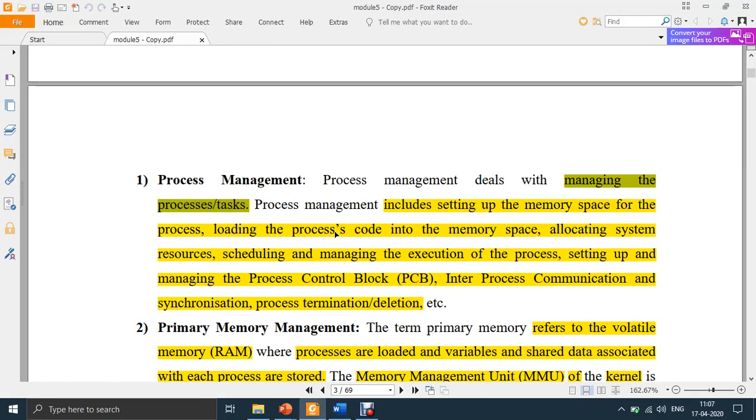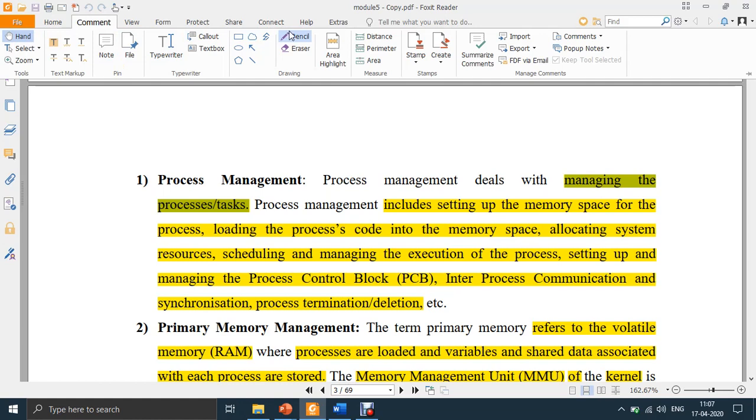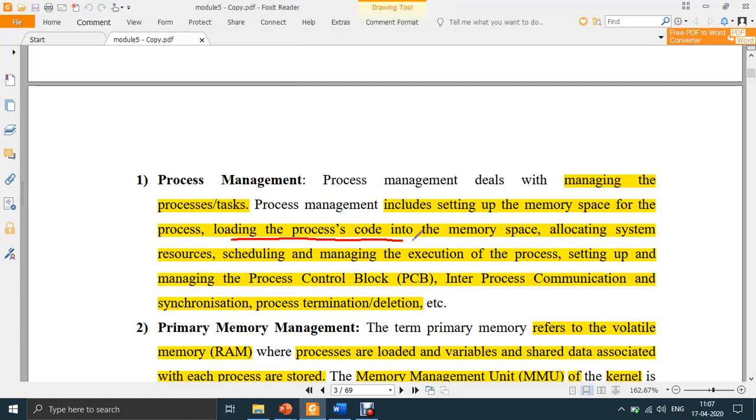Along with that, it will load the process code into the memory space, that is, into the RAM. Then it allocates system resources. Let's say a process requires secondary memory access; it will allocate the secondary memory.